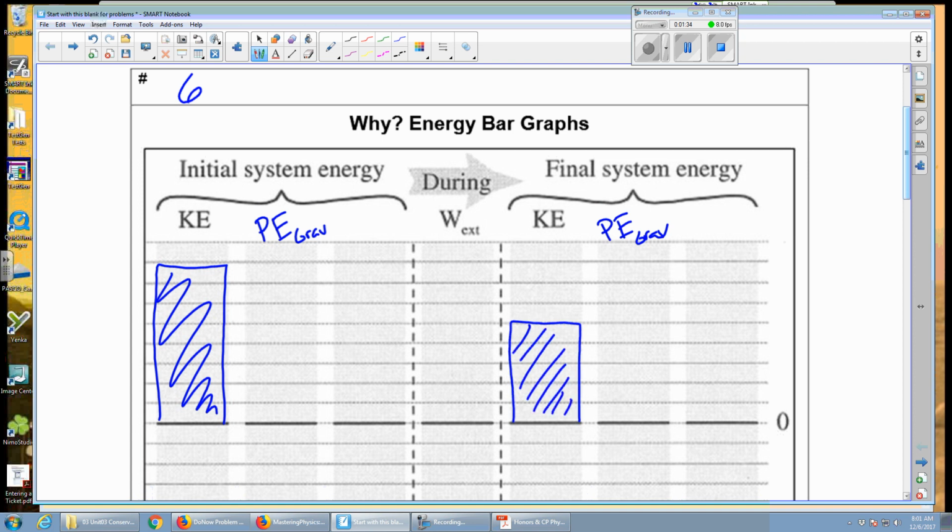And since it's all internal, any of that energy that goes away has to stay with it, and because its height increases, it goes to PE grav. So that would be a perfectly acceptable 100% Y right there. I've got my energy shown to be conserved.